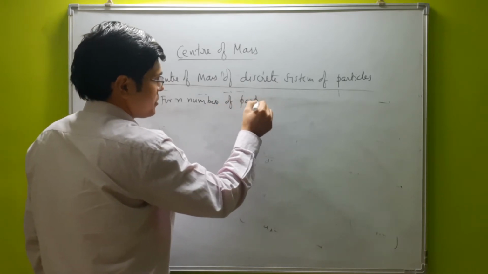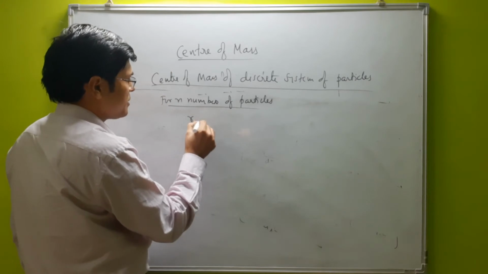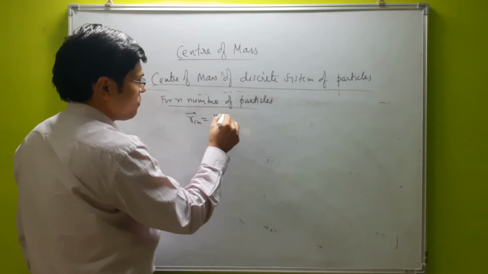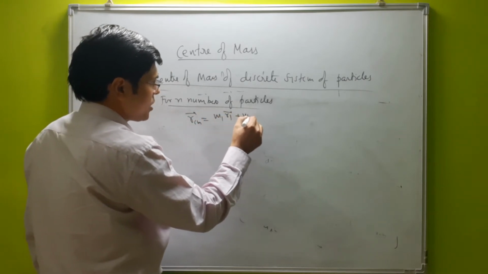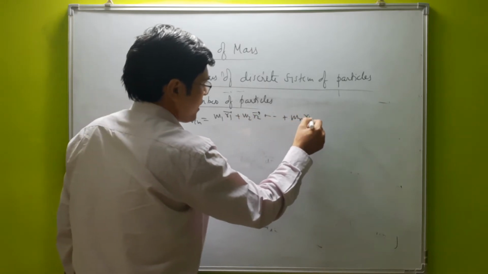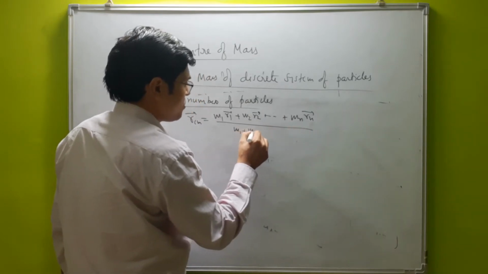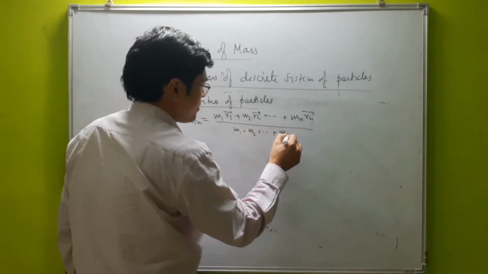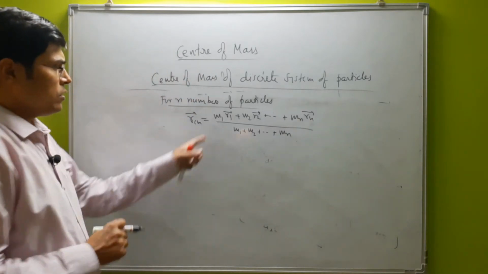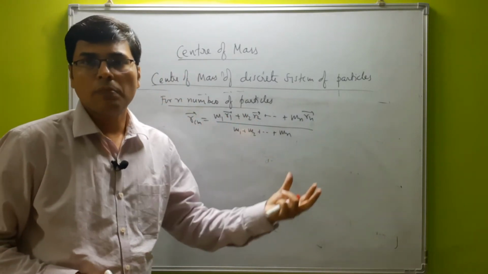RCM can be written as m1 r1 plus m2 r2, and so on, mn rn, divided by m1 plus m2 plus up to mn, right? Now this result is in terms of position vector of individual particles.